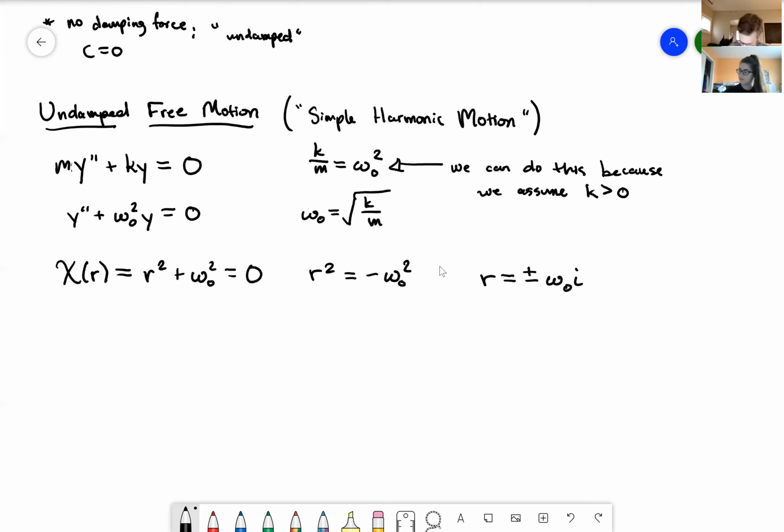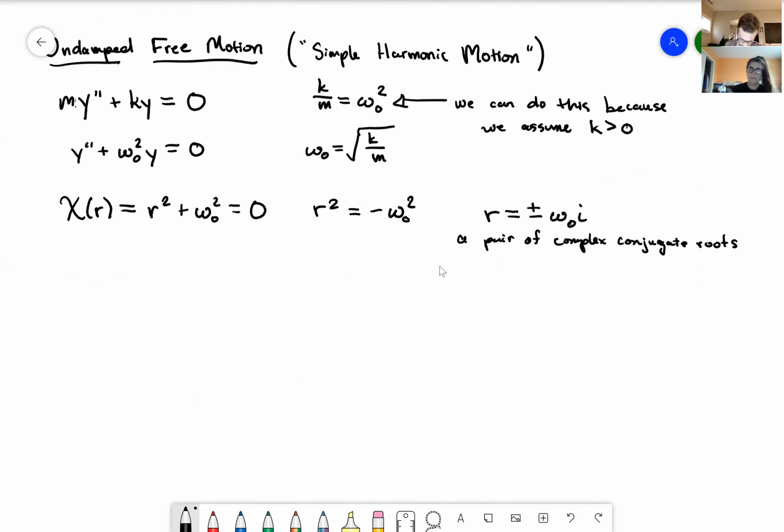So we get a pair of complex conjugate roots. And this gives us the situation where we have our solutions in terms of sine and cosine. So, an oscillatory solution.